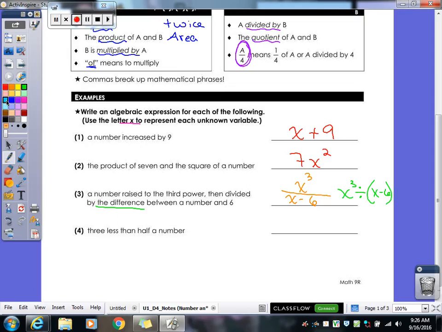And then the last one, 3 less than half a number. So one way we could do that is 1/2 x minus 3, or x over 2 minus 3. 1/2 x, x divided by 2 means the same thing. So either way you wrote that would have been fine.